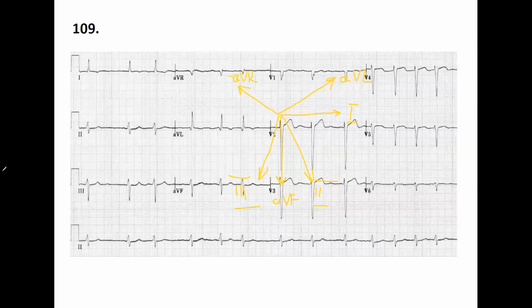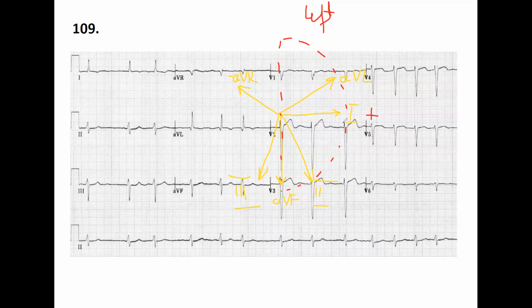First of all, we have to look at lead number 1. Lead number 1 is positive, yes? If you have positivity in lead number 1, it is on the left side, because lead number 1 is negative on the right side. So it has to be on the positive side. Is that clear?